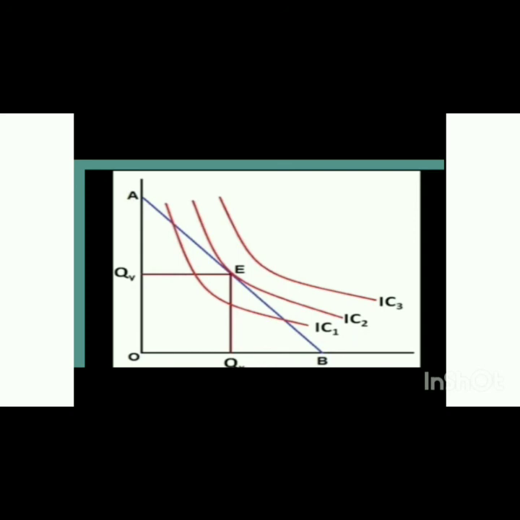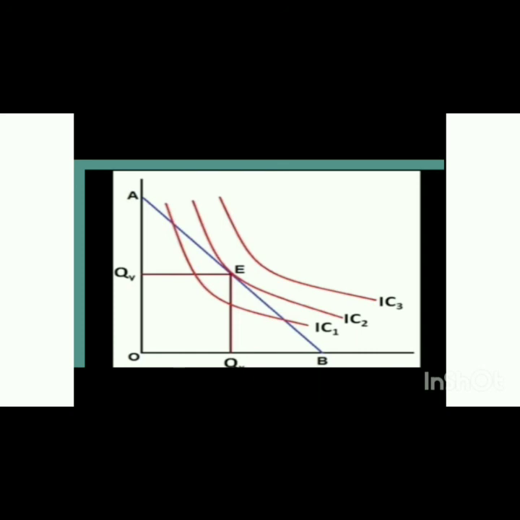Here IC1 is a lower level of satisfaction and IC3 is a higher level of satisfaction. But the consumer's limited income line AB, or price line AB, is tangent to IC2 at point E. The consumer's budget line AB is tangent to the indifference curve IC2 only at point E. Here the consumer consumes OQY commodity and OQX commodity.